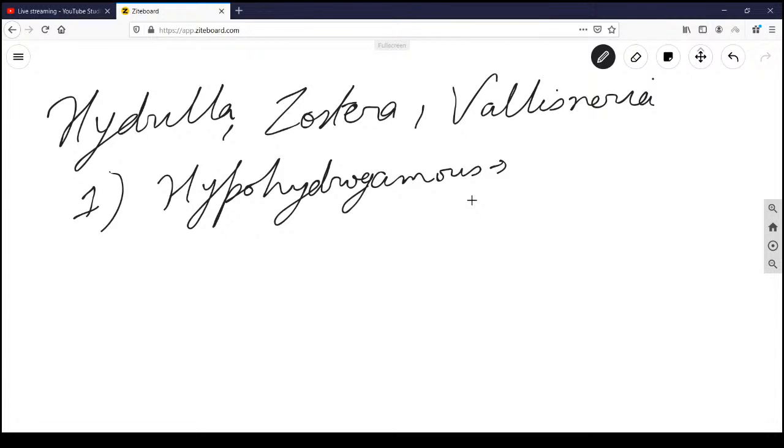Now in hypohydrogamous type what happens is the pollination takes place below the surface of water. Hypo means below. Hypotension means low blood pressure. Hydro means water. So below the surface of water.